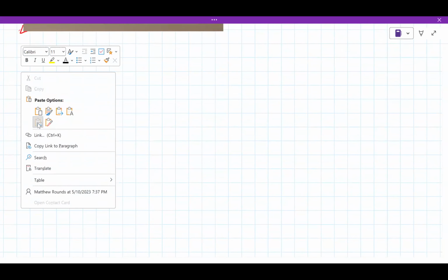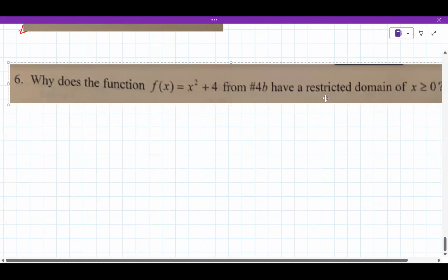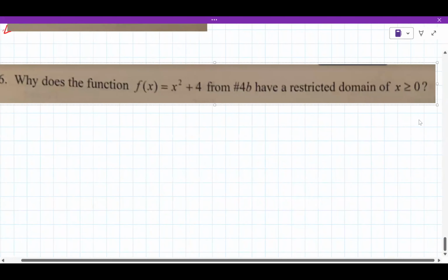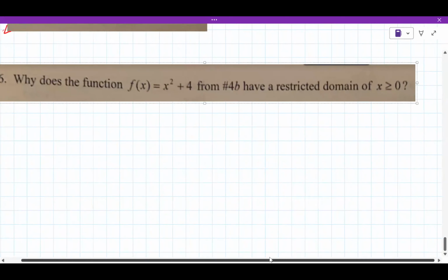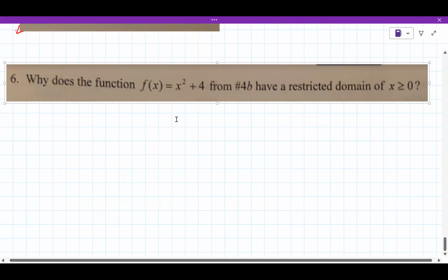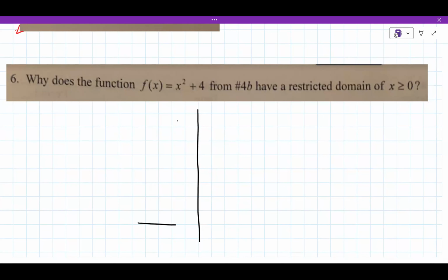Okay, so let's look at number 6 here. It does refer back to what we were just doing. It says, why does the function f of x equals x squared plus 4 from number 4b have a restricted domain? We talked about that the graph of this does not pass the horizontal line test. So I think that's what they're looking for.